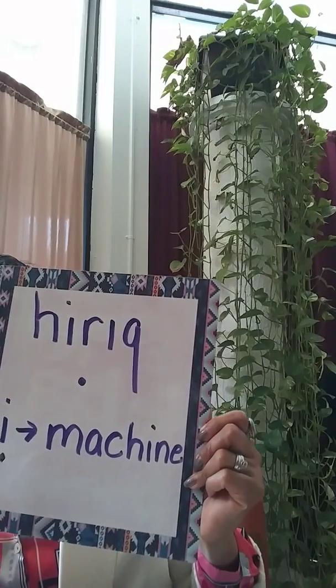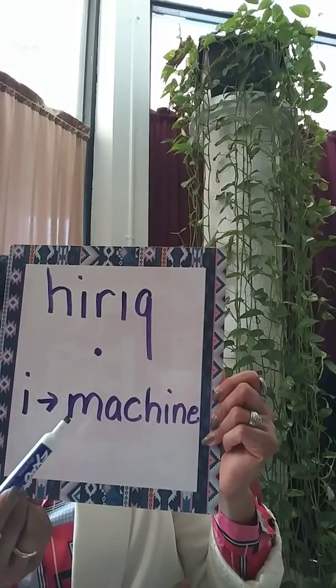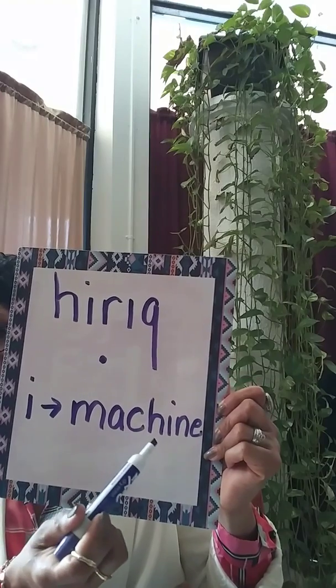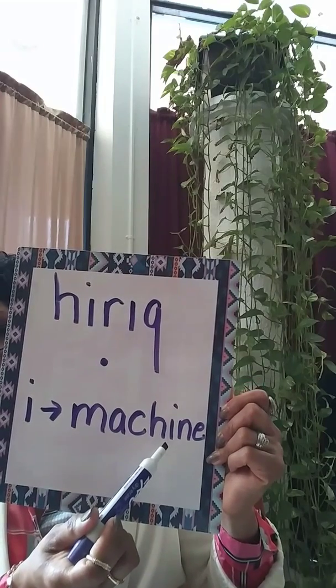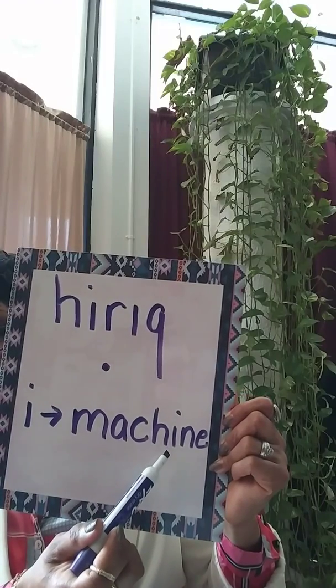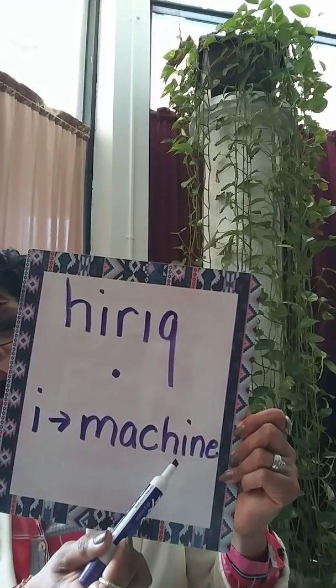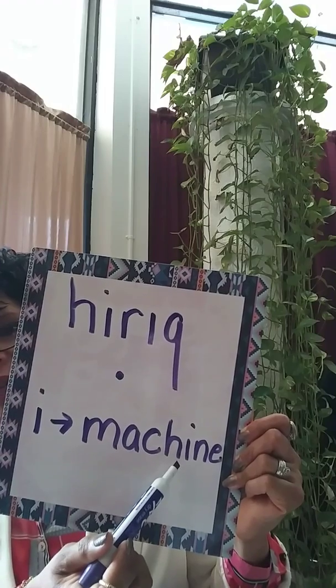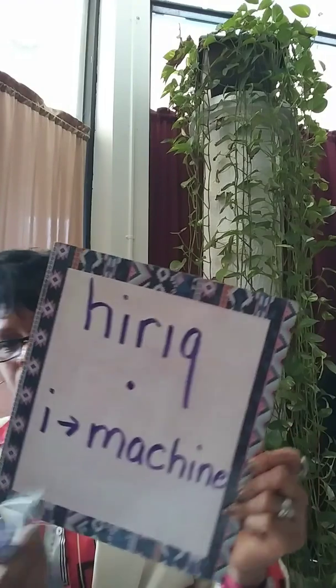It has the sound as in "machine." See that I right there? It's not "mah-chine," it's "mah-sheen." Almost like a real soft E sound. That is a Shahrukh. It's called a Shahrukh.